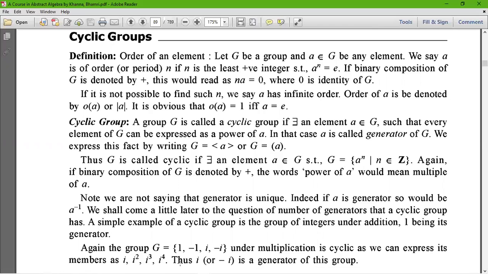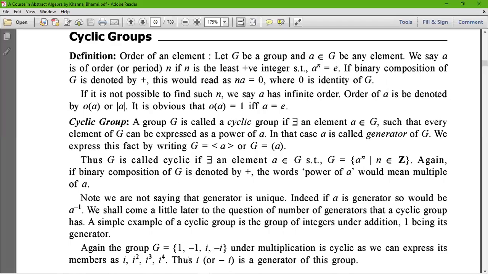i is a generator of this group because i is already in the group, and i squared equals -1, which is already in the group. Again, i cubed equals -i, which is already in the group. i to the power 4 equals 1, which is already in the group. Similarly, we can move to i^5, i^6, i^7 and so on, which are also in the group.